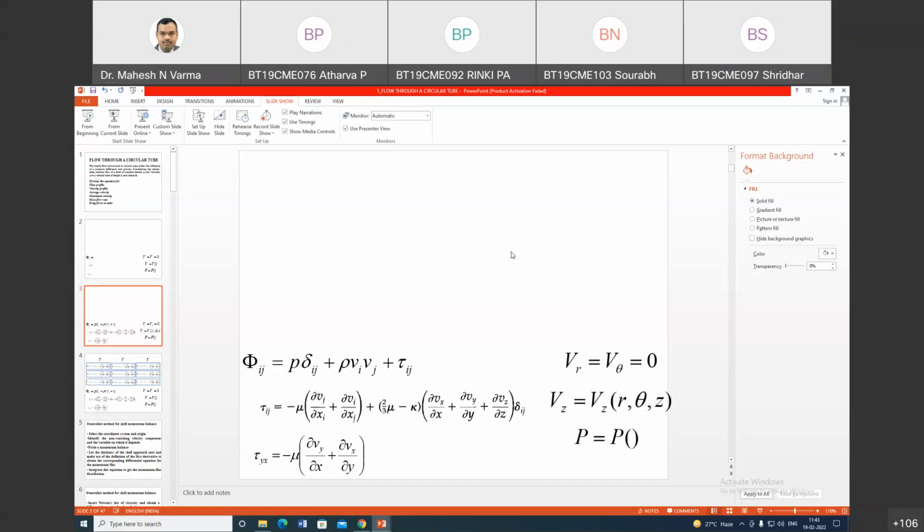No sir, in the previous case we took a different condition; this case is different. Vz is not a function of z, you are correct. But what is the reason behind that?